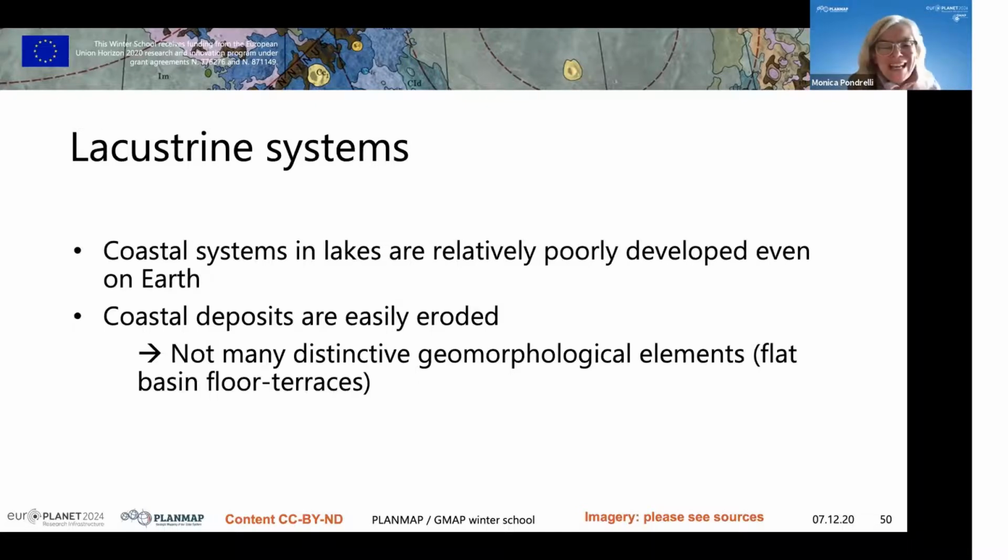So we don't have so many distinctive geomorphological elements that allow us to prove, yes, we are in a lake. Okay, flat basin floor, this is true, because deposits which drape inside the basin provide this geometry, but the geomorphological elements within lakes are not so many.